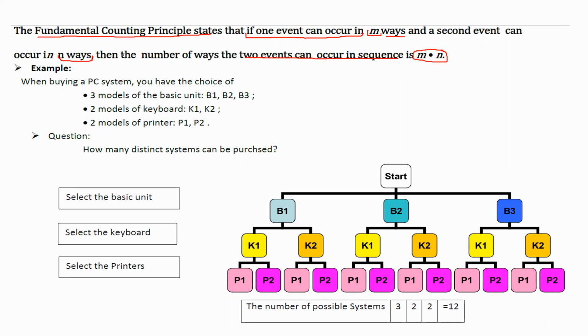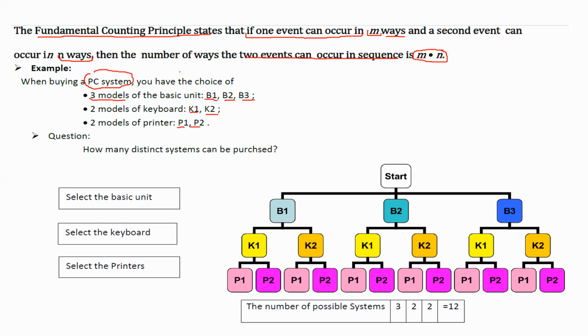Example, please pay attention, and then you write. PC system: you have 3 models of basic units, B1, B2, B3, 2 models of keyboards, K1, K2, and 2 models of printers, P1 and P2.